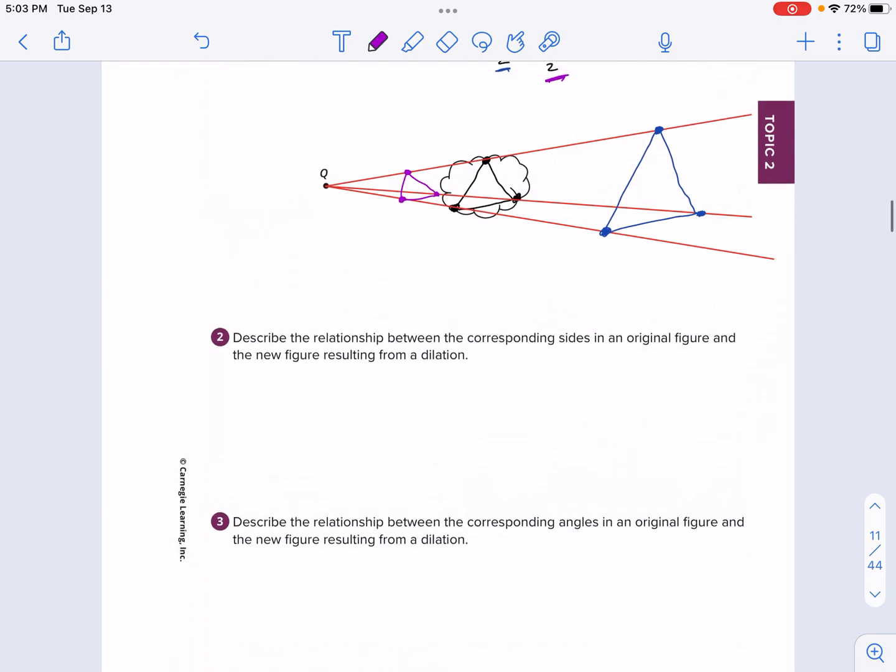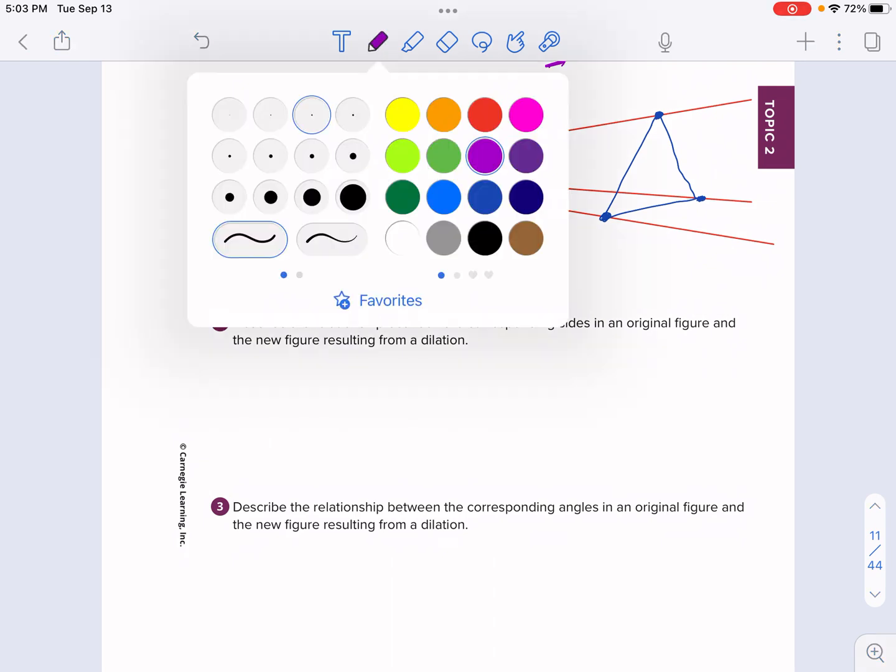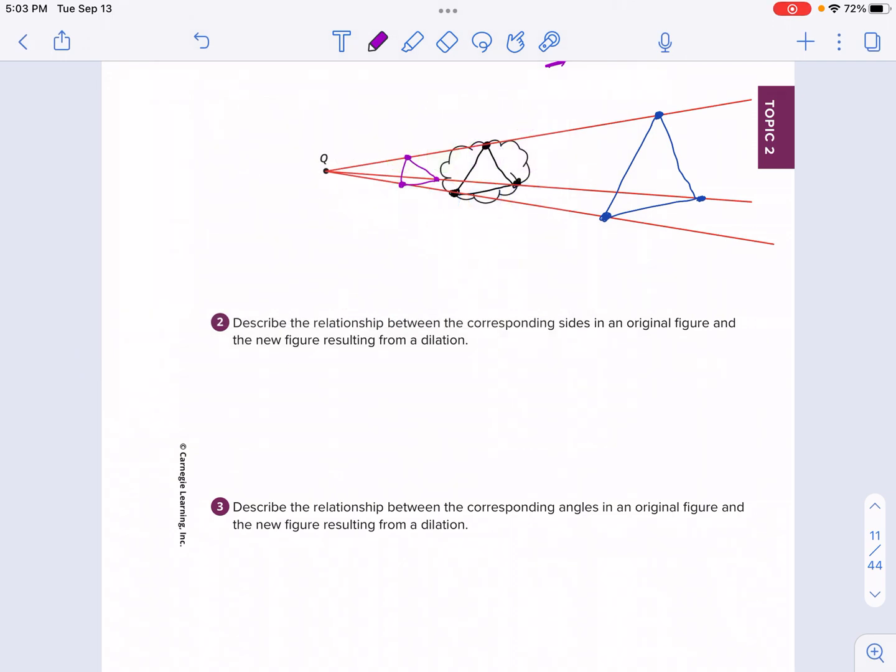Okay. Number 2, describe the relationship between the corresponding sides in an original figure and the new ones. We're just going to say that this is equal to the scale factor. We'll put SF. Whether it was a half or 2, you dilate it based on that measurement.